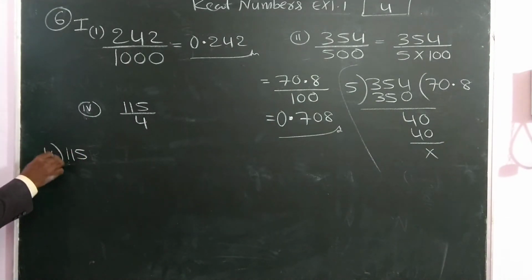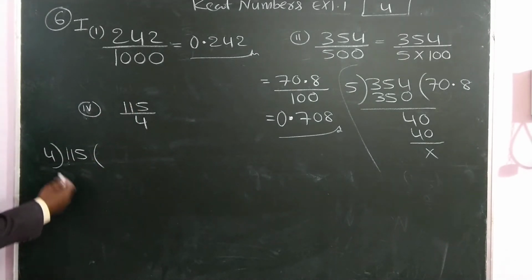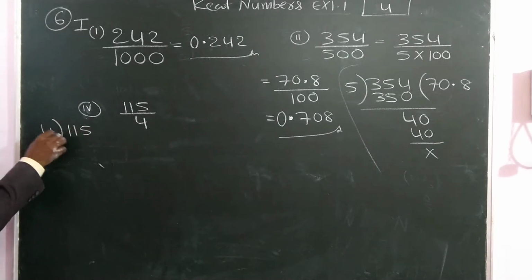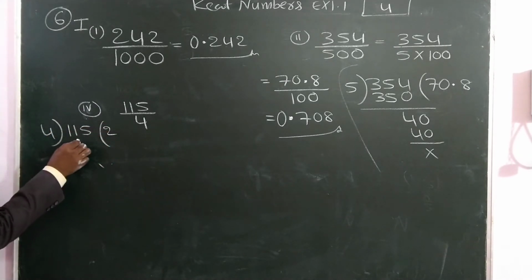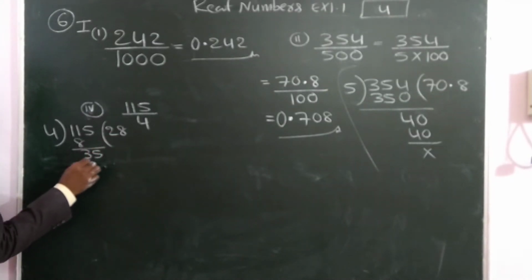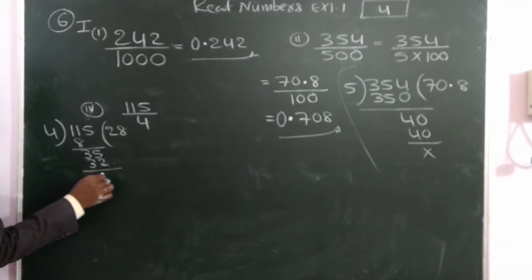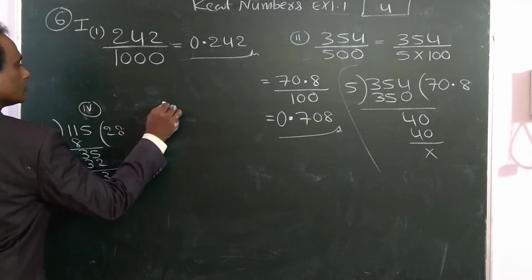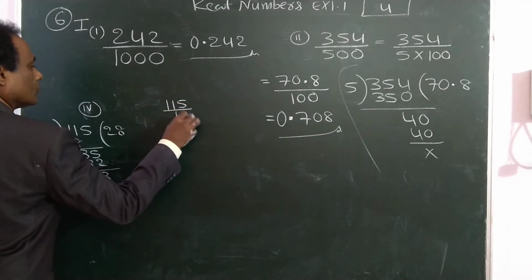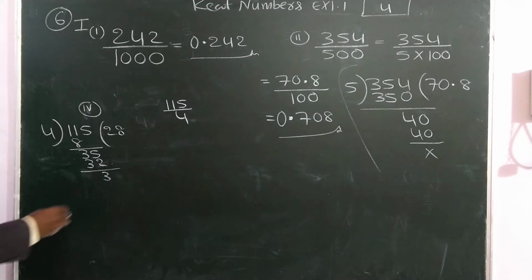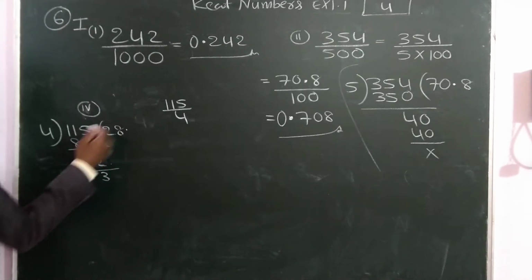Now 115 by 4. 4 2s are 8. 4 8s are 32, remainder 3. We have to continue.